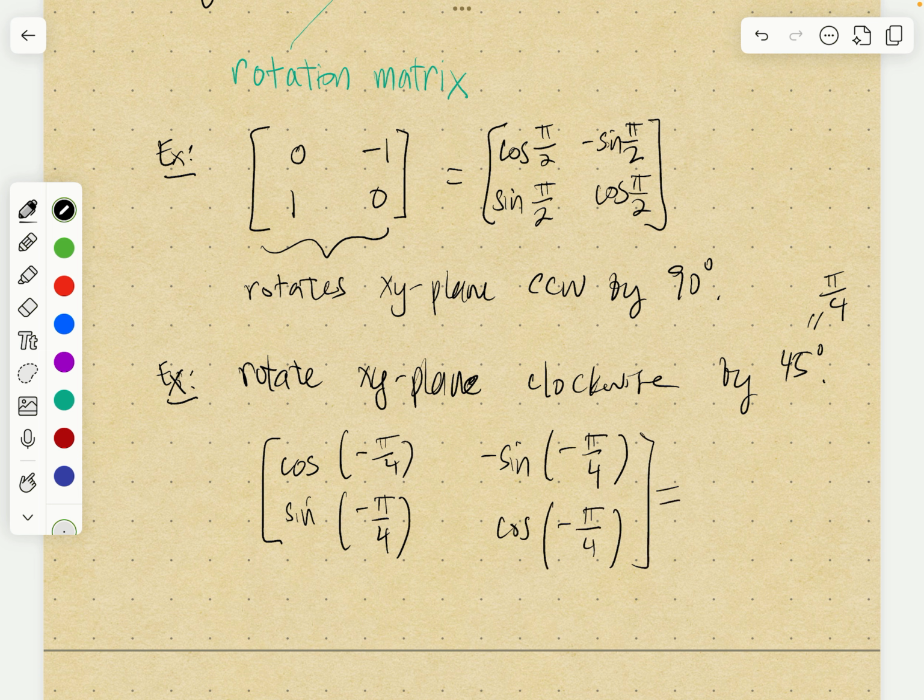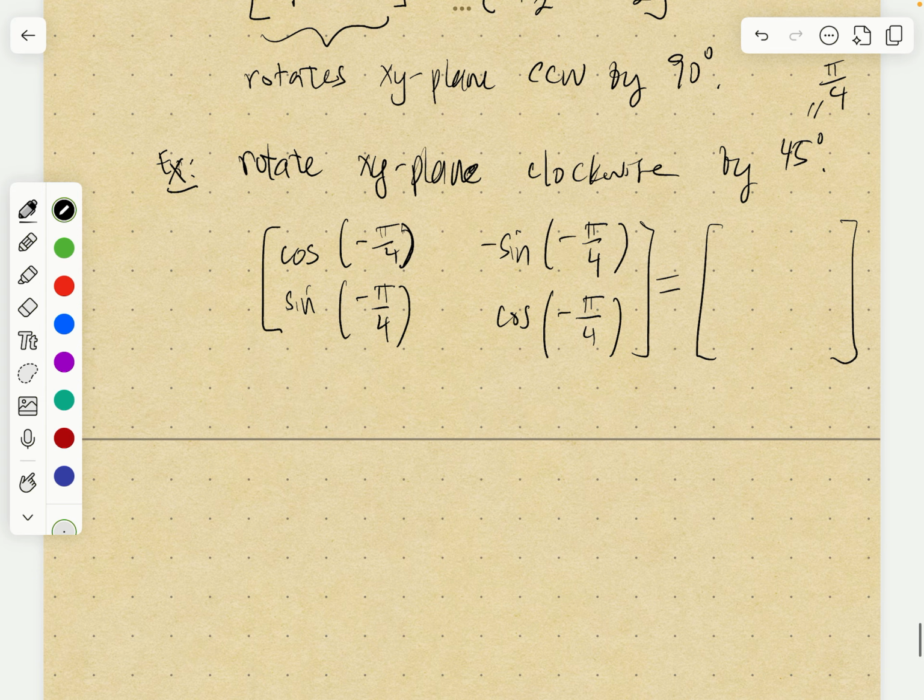And that matrix, okay, let's review some trigonometry. So negative pi over 4 is like this. And so if you label the triangle, you get these ratios. And then cosine is going to be 1 over root 2.